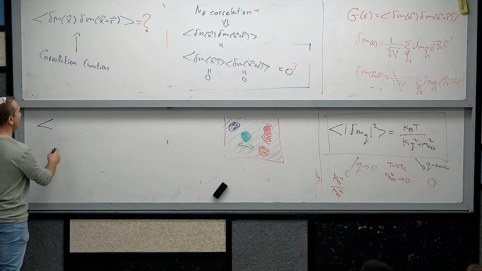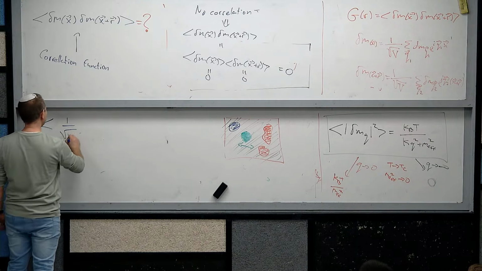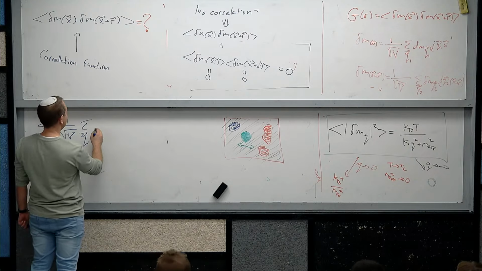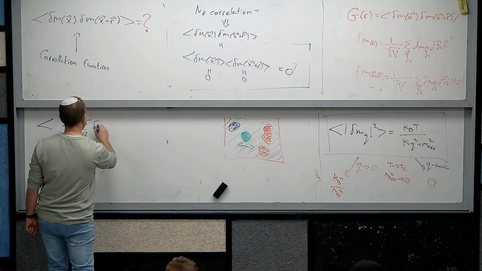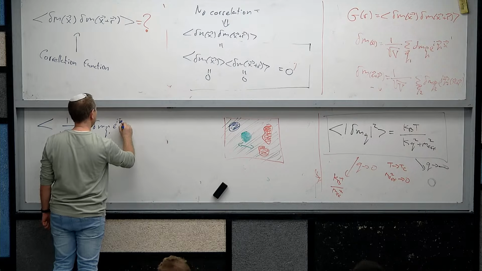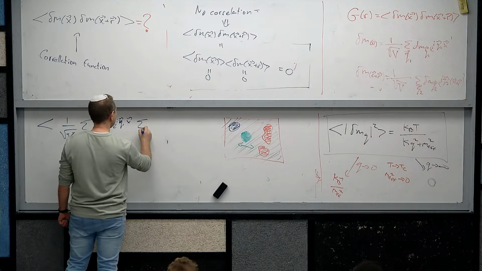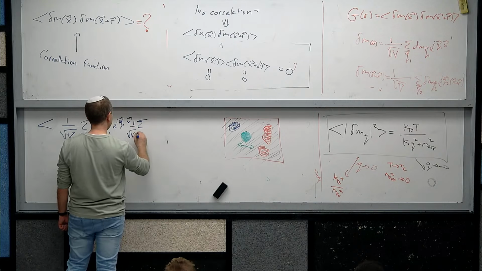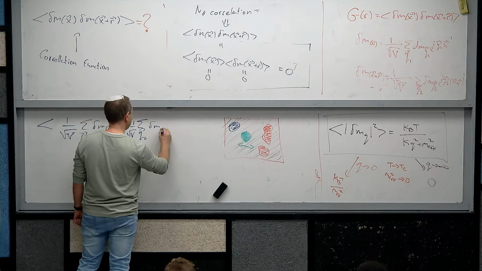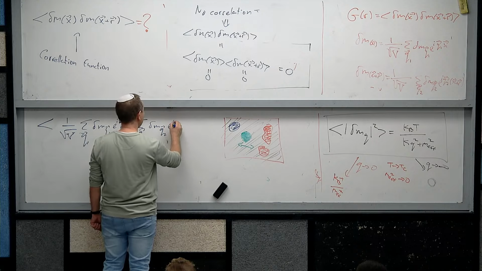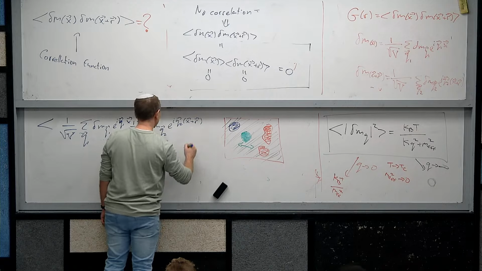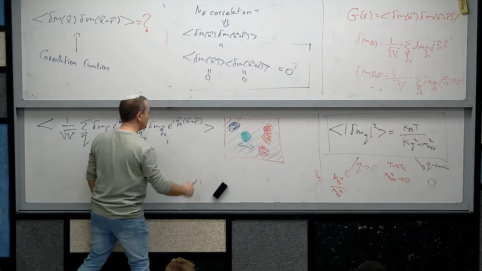So we have an average of 1 over square root of V, a sum over q1 of delta m q1 e^{i q1 x}, multiplied by 1 over square root of V, a sum over q2 of delta m q2 e^{i q2 (x plus r)}. We need to take the average for all of those.